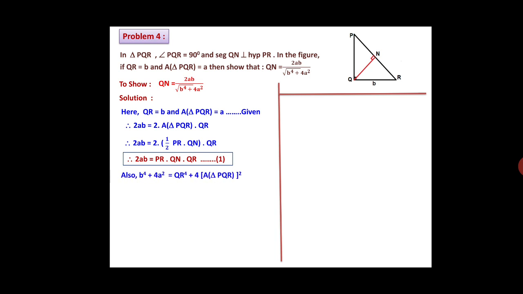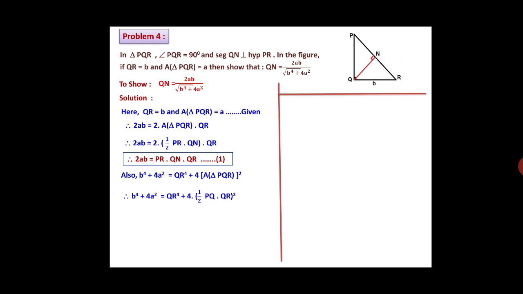This is equation 1. Also we know, at the denominator, b to the fourth plus 4 times a square is equal to QR to the fourth, as the value of b is QR. So QR to the fourth plus 4 times area of triangle PQR, bracket raised to square, that is 4a square. Therefore b to the fourth plus 4a square is equal to QR to the fourth plus 4 into half PQ into QR, bracket raised to square.